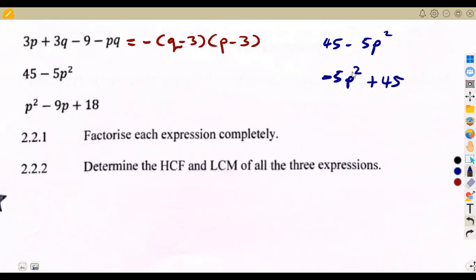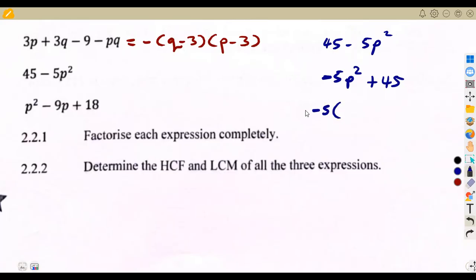There's nothing that we have done. We just rearrange these two terms, and there is no equal sign, so they just remain with their signs. Nothing is going to change its sign there. All right. So now that we want to make this p to be positive, what are we going to do? We are going to factor out the negative 5.